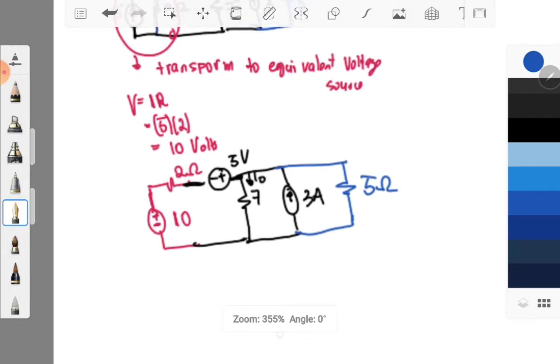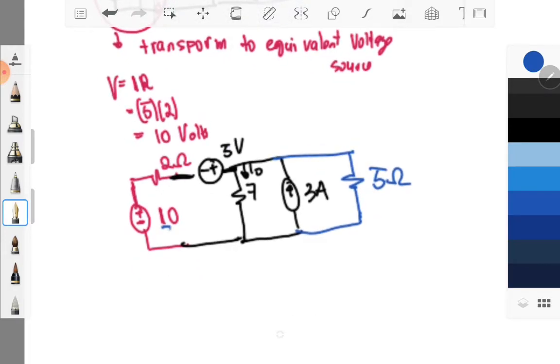Take note that your 5 volts and 10 volts are additive. How? If I make a loop here, you will notice that it is negative 5 minus negative 10, which is the voltage across that terminal. So we will have a total voltage equal to negative 15 volts, right? If we add them, they are additive, so it is negative 15 volts.